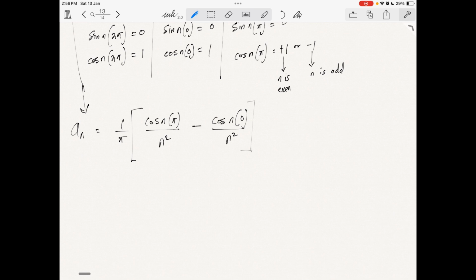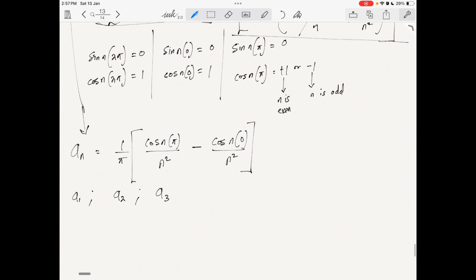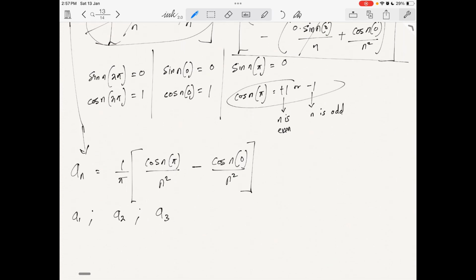So we can evaluate a1, a2, a3. This is because of the variation in cos(nπ).